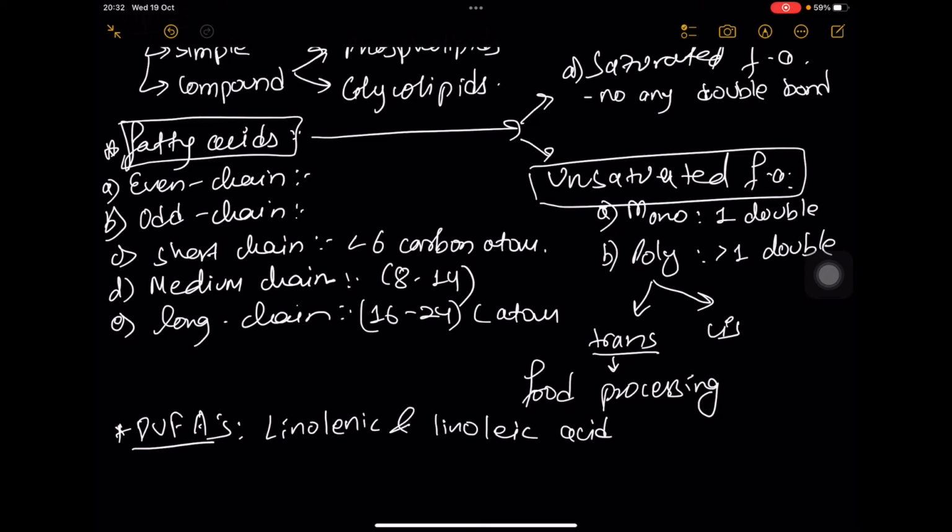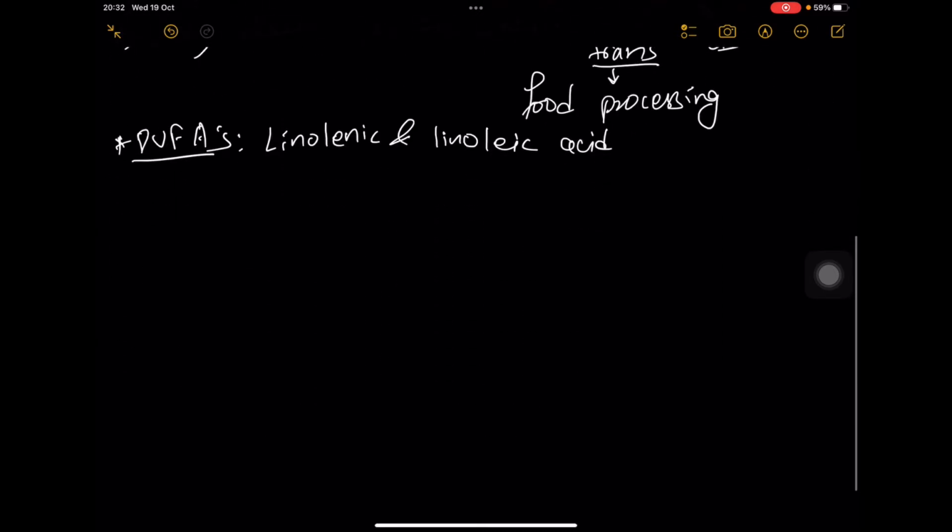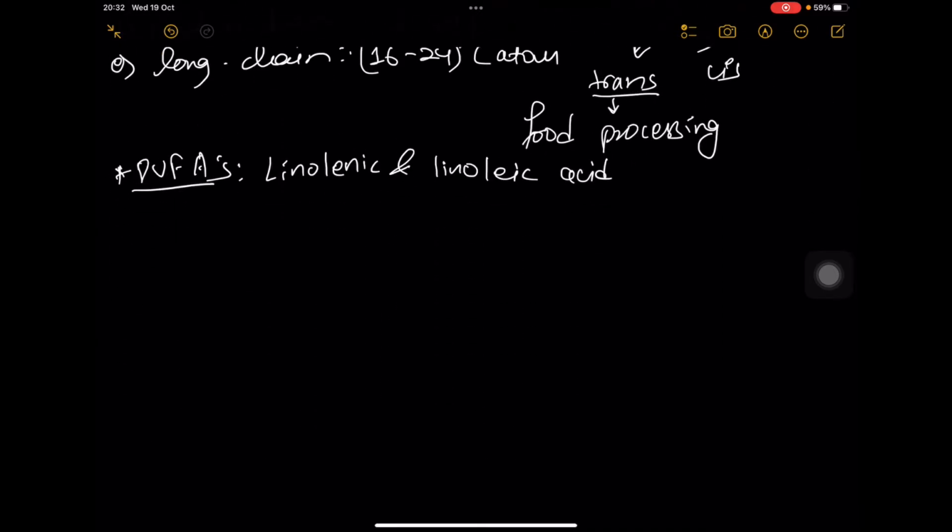The functions of these PUFAs are transport of cholesterol, synthesis of eicosanoids required for membrane structures and functions, formation of lipoproteins, and prevention of fatty liver. So this is the basic about lipids and classification of fatty acids.